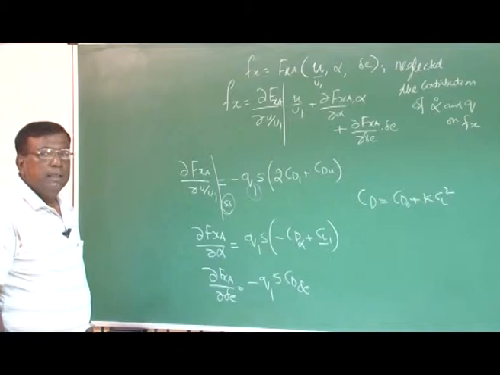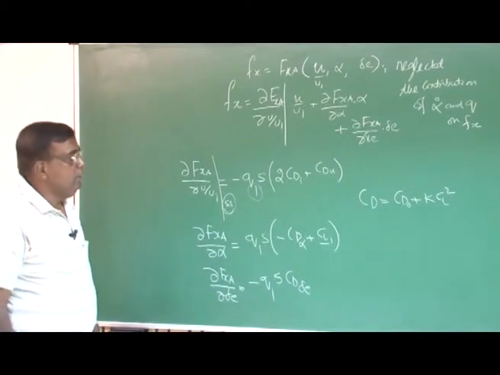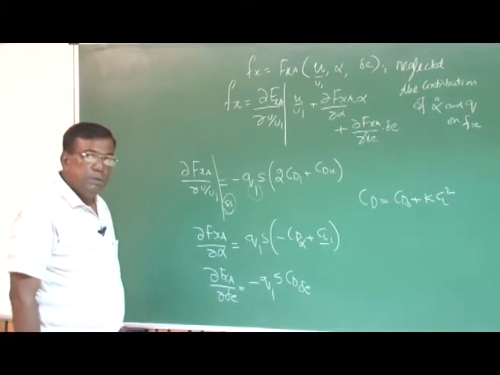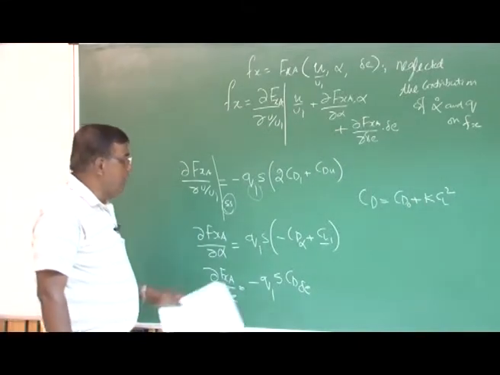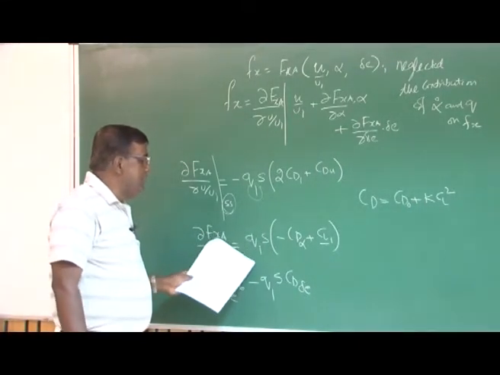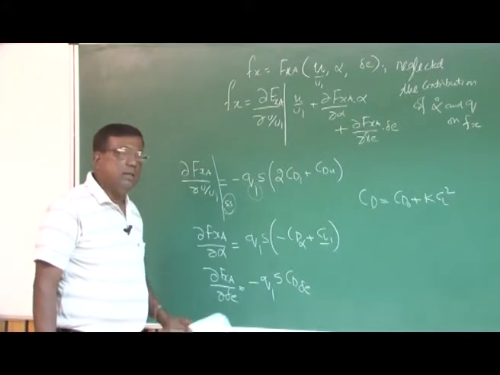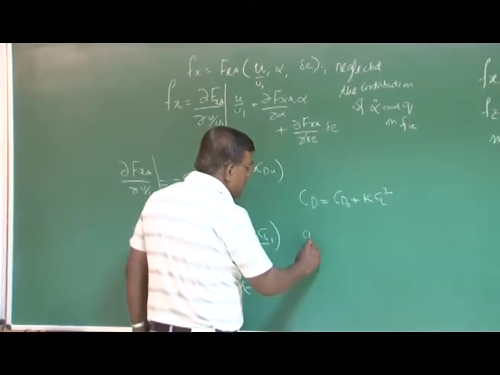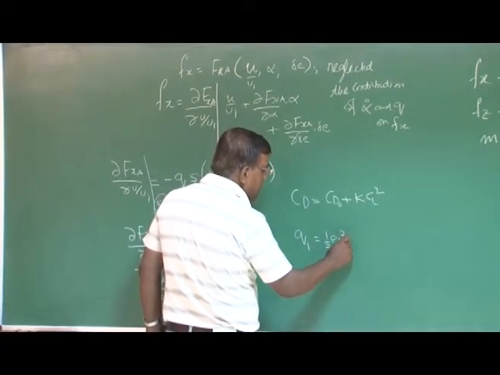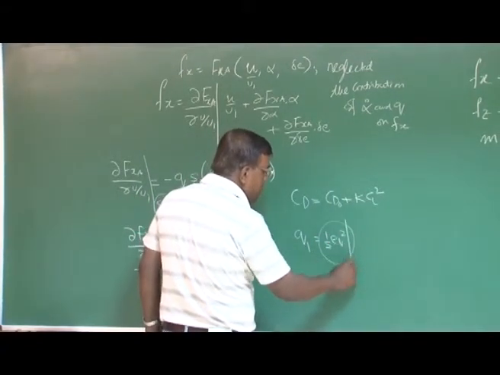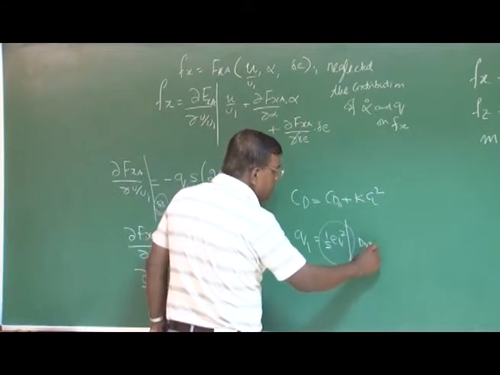CL1 is the CL to maintain level cruise at a given altitude and given speed. At steady state, Q1 is the dynamic pressure at cruise.